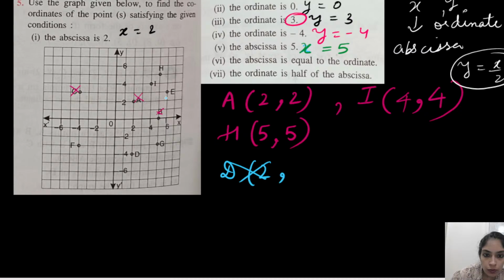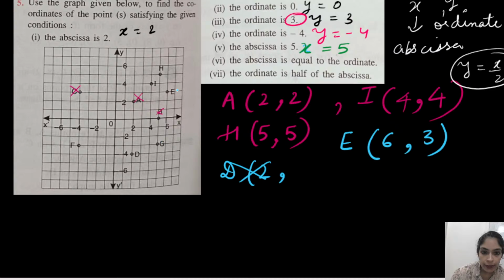E is also not there. If you see E's coordinate, this last part I am doing, the value of x is 6 and the value of y is 3. So this is there. E. Yes, Nikhil has given the answer, even Ramana has given the answer. Good. So E is 6, 3, here you can see y is half of x.